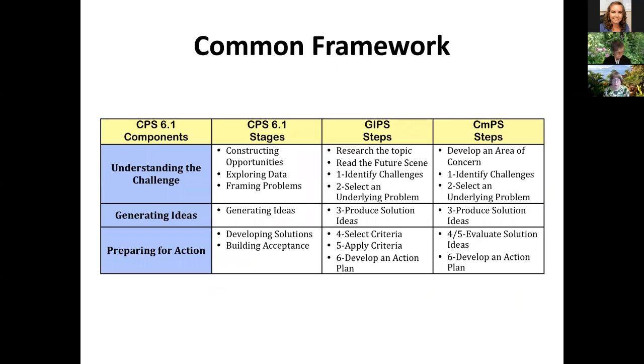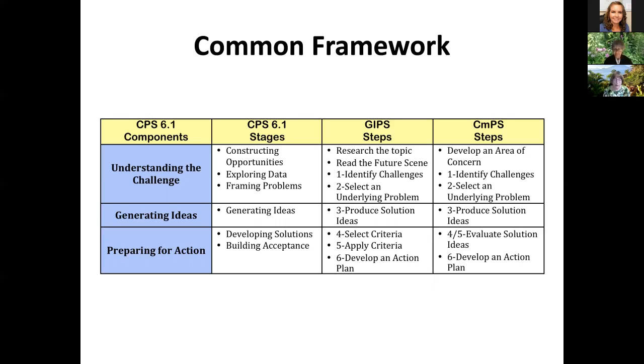There's quite a few different versions of what you might call the creative problem solving process, but they all have a similar kind of overarching organization, and that's what you would see on the left in this chart. First, no matter what creative problem solving process it is, the first section is understanding the challenge, then it's generating ideas, and finally preparing for action.